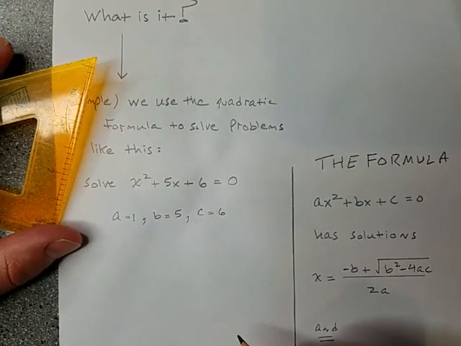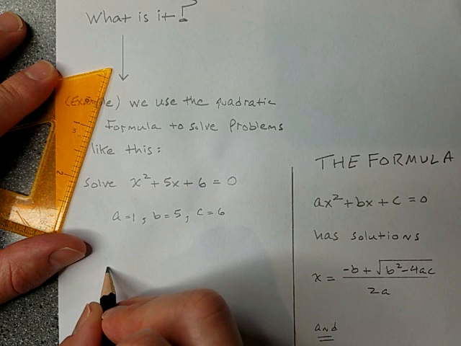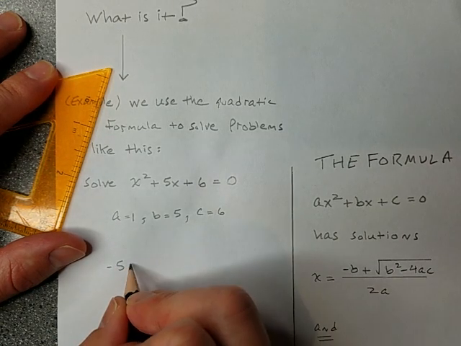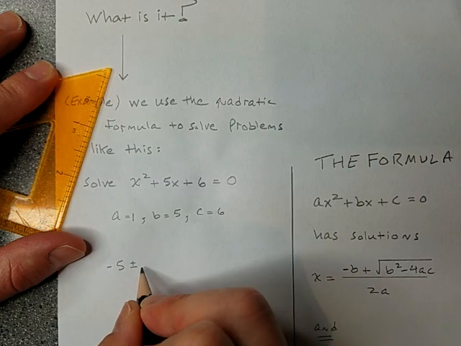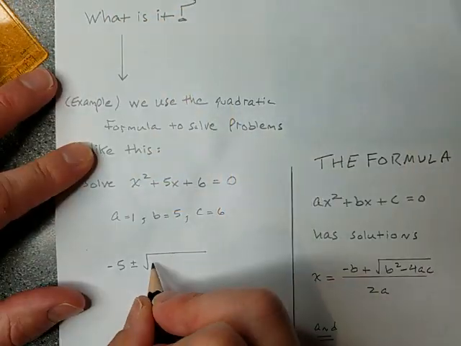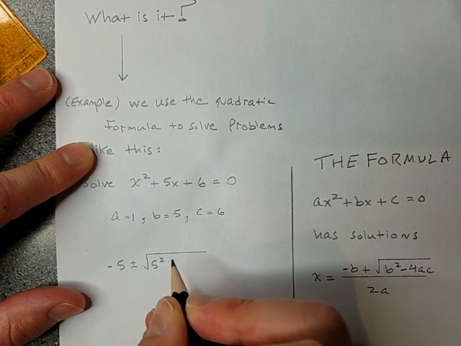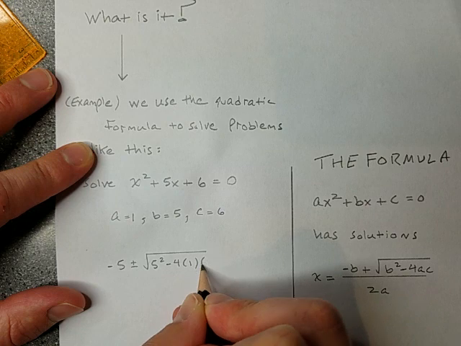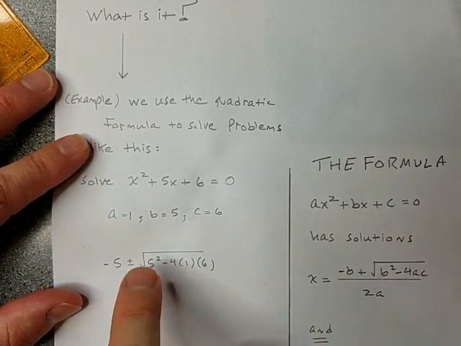So here, let's do it like this. I'll do the opposite of b plus or minus root b squared. So 5 squared minus 4 times a times c. Can we agree about that?